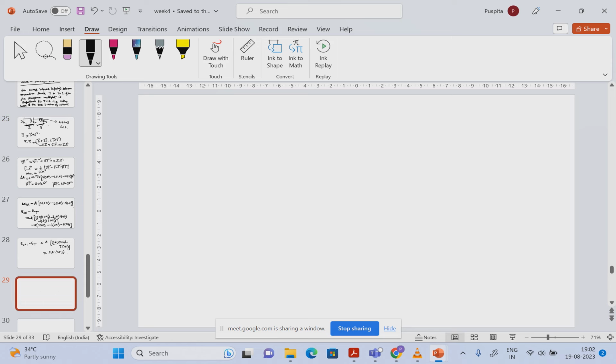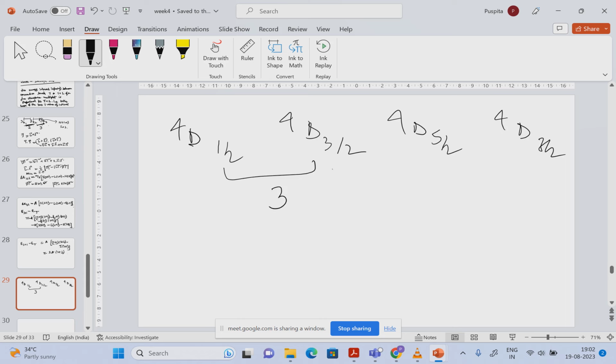Similarly, the spacing between 4D 3 by 2, 4D 5 by 2 and 4D 7 by 2: this spacing is 3, this is 5, this is 7. So 3 is to 5 is to 7. This is the Landé interval rule.